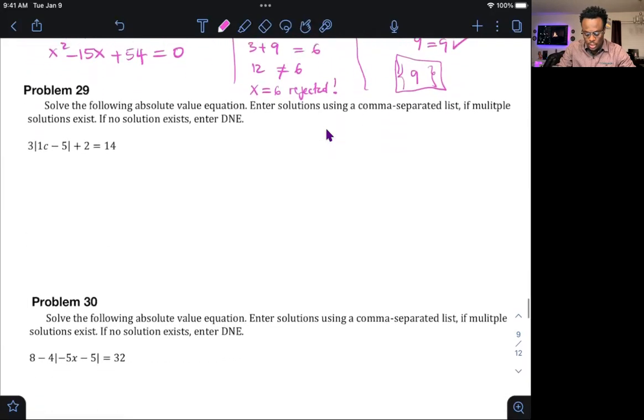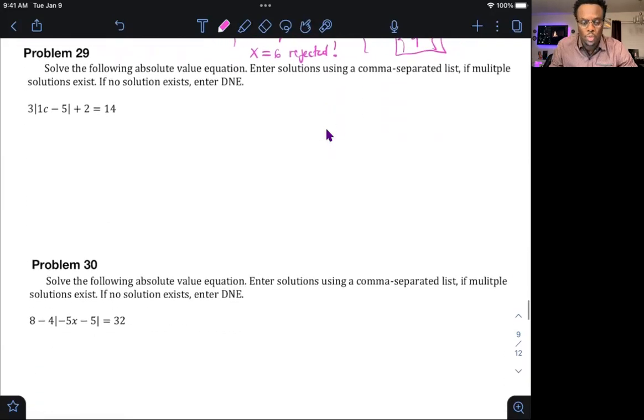Now we transition to solving absolute value equations. Well, absolute value equations require one of the things that we did for radical equations, because since the absolute value of a number is always positive, whenever you're solving an absolute value equation, you need to make considerations.